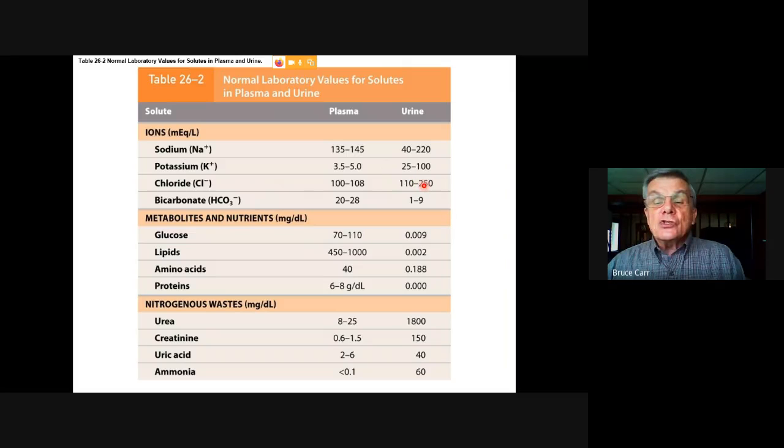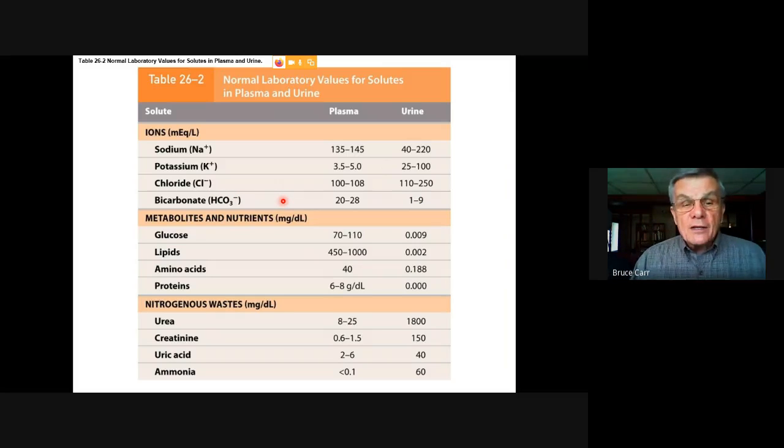In each case, these ranges begin around the high level and go well above the maximum level, with the exception of bicarbonate. Now, the reason bicarbonate is important here is that you have a different way of getting rid of bicarbonate. Your respiratory system is constantly changing bicarbonate back to CO2 and breathing it out.